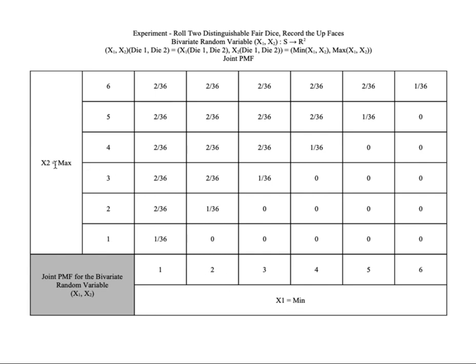And so what we need to do is accumulate all the probabilities to the left and down from this point. And so we would be accumulating probabilities in this region of the table. So 2 over 36 plus 2 over 36 plus 2 over 36 plus 1 over 36 plus 1 over 36. And so the CDF evaluated at x1 equal to 2 and x2 equal to 3 is 8 over 36.